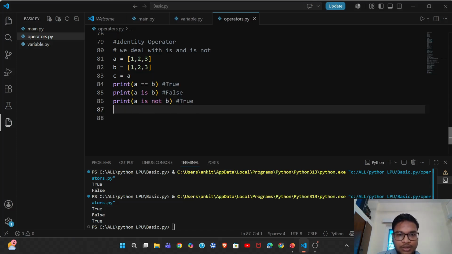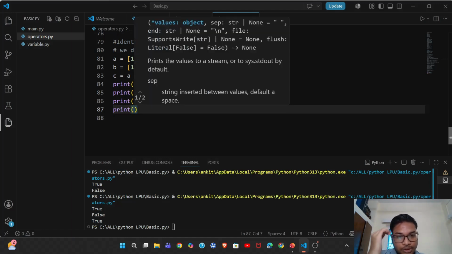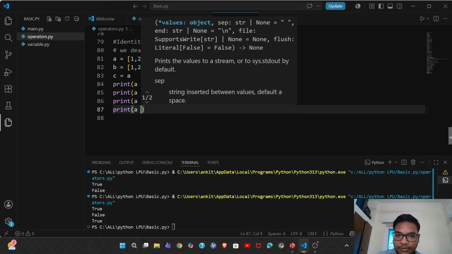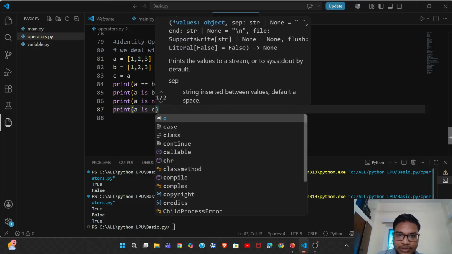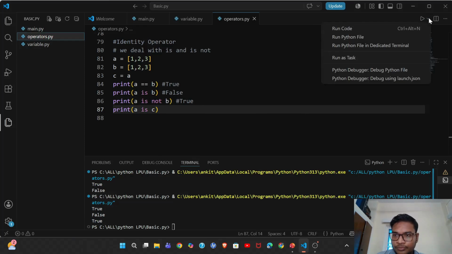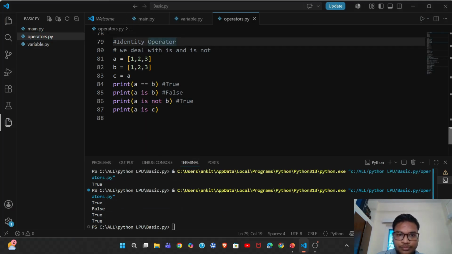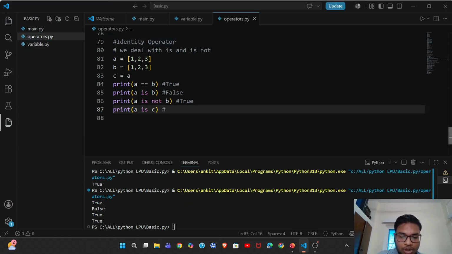Let's do more examples. Print A is C. Let's see the output. True, because this is assigned to the same memory location. Therefore, the value is true.